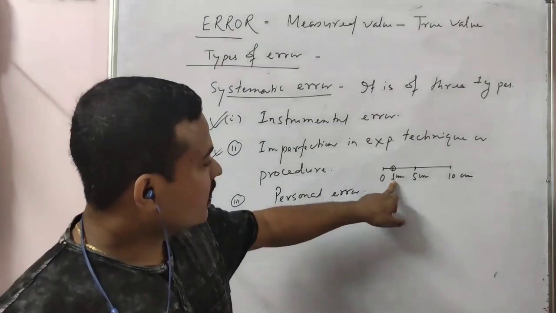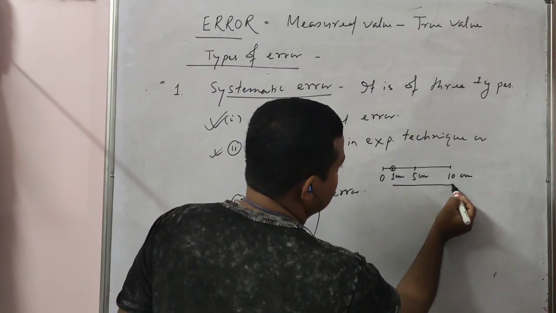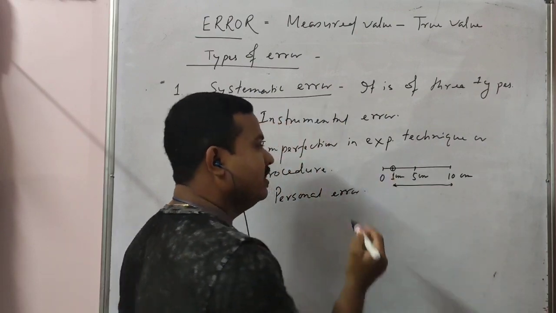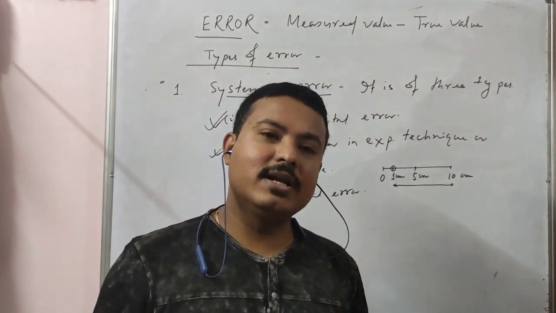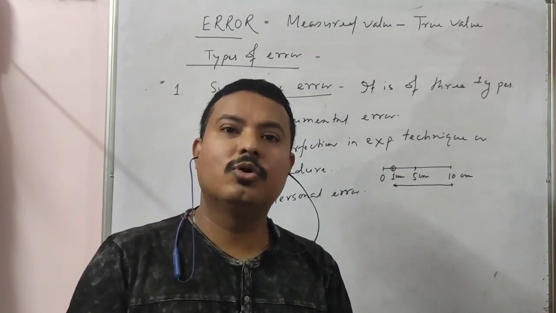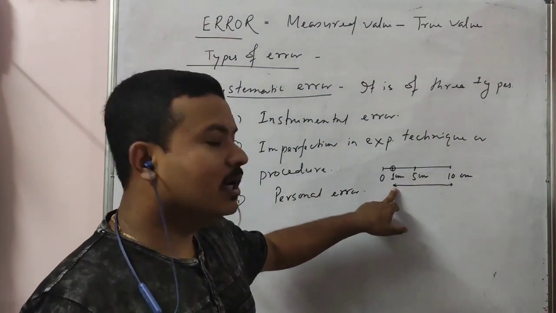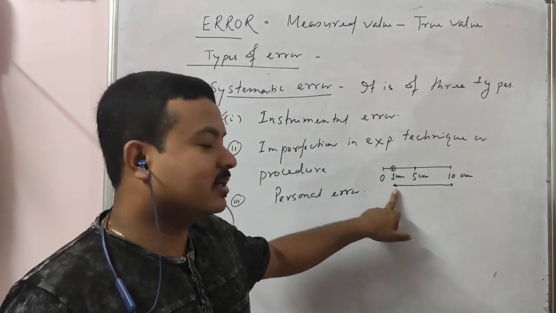So in that case, if you measure a certain length with the scale and you start from 1, then definitely you will get an error. And your measured value will always be less than the true value, because you are using a wrong method. Because the correct method is what?